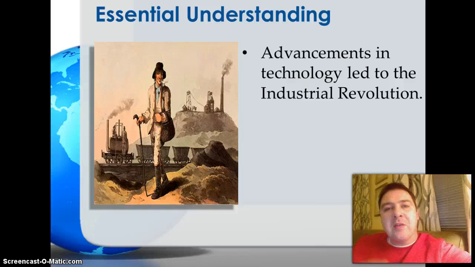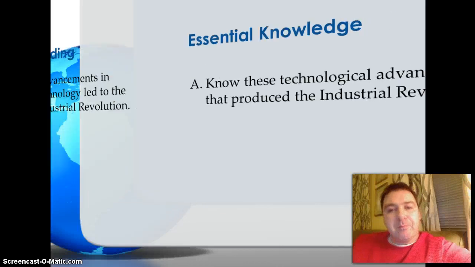The change that took place in the late 17 and 1800s in society and culture was largely due to advancements, new inventions in technology. Not unlike our current day, we think about the way all of our devices and our gadgets, our electronics are changing the way we live today. Same sort of thing, the inventions and the devices were different, but they also produced changes in the culture and in the society of the time.